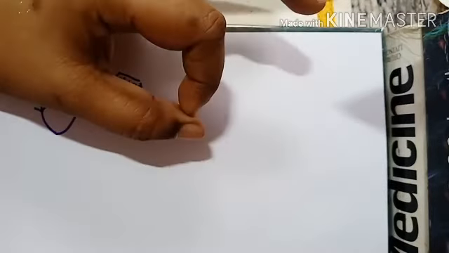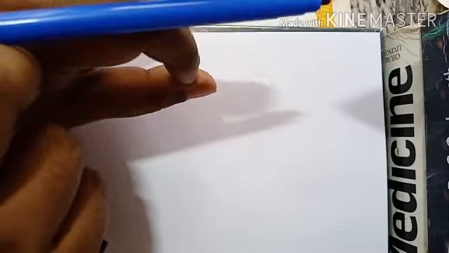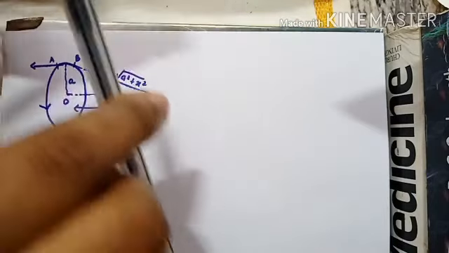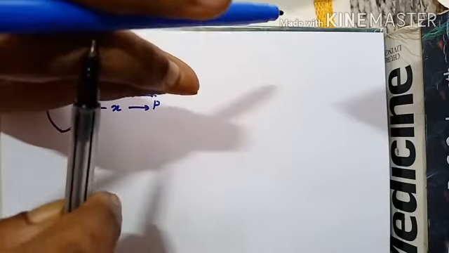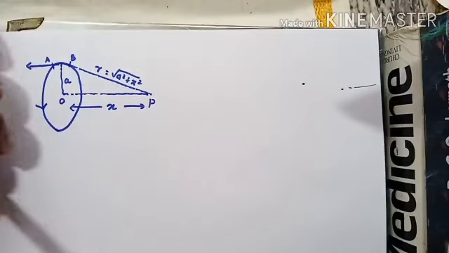I'm repeating it again. So this is your bangle or ring or whatever round surface you have. Tangential is like this, right? Now along with this tangential, you are considering a point P, right? What is the angle here? It is 90 degrees, right?